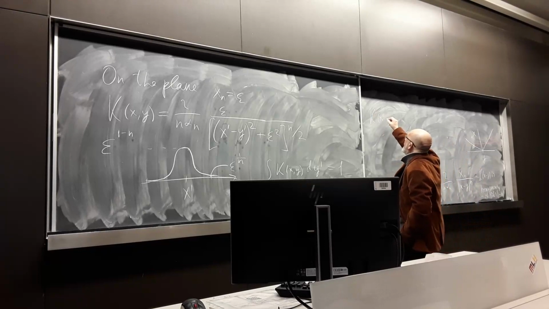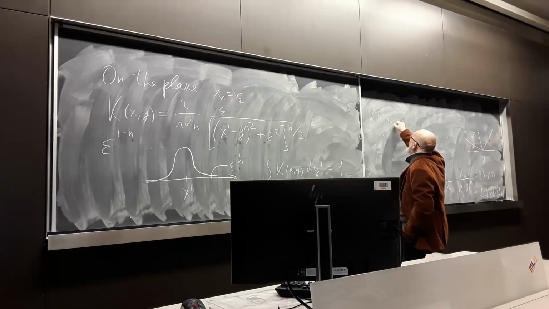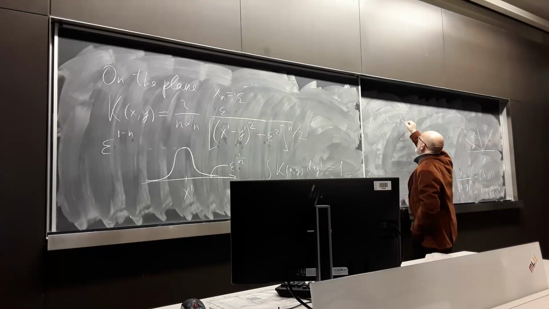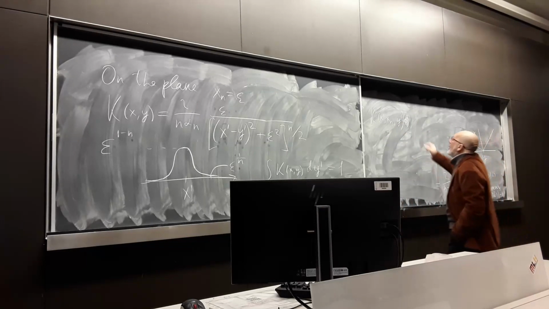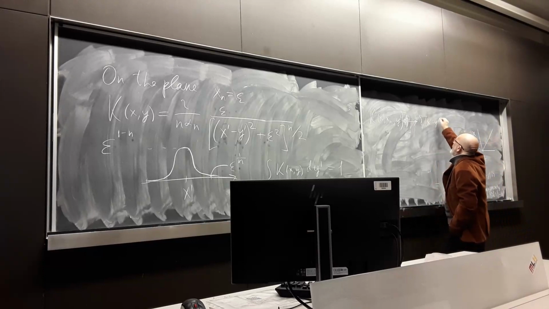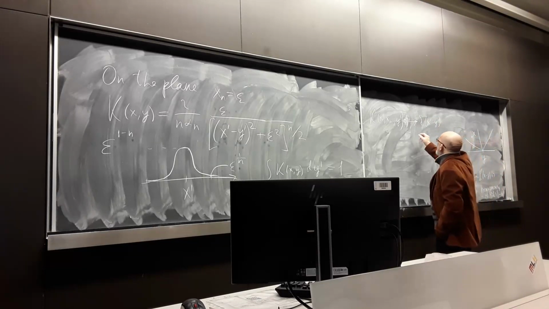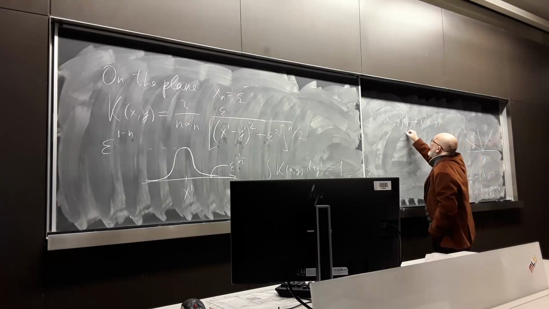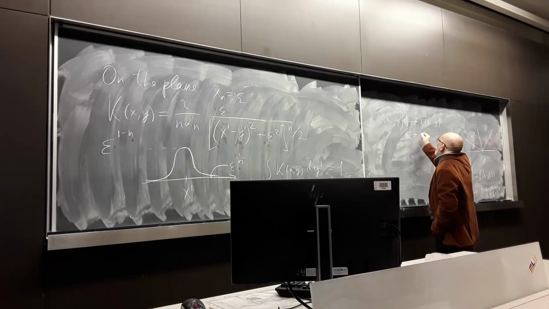K(x', x_n, y', 0) goes to delta of x' minus y' as x_n goes to 0.